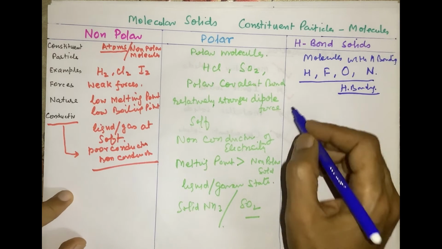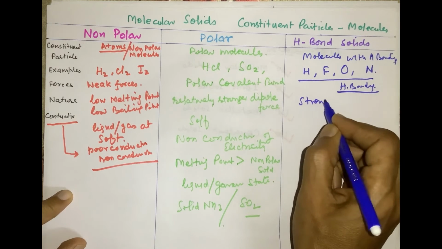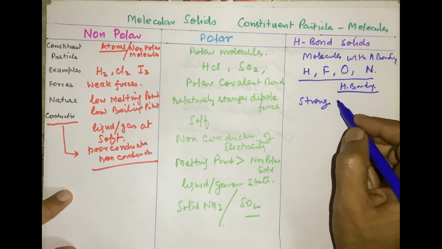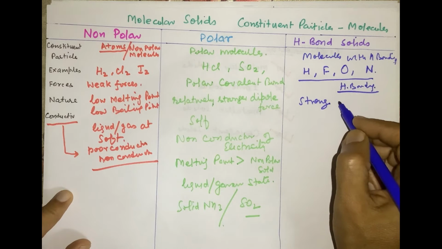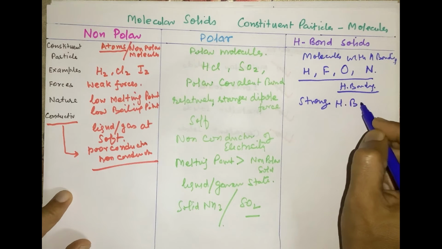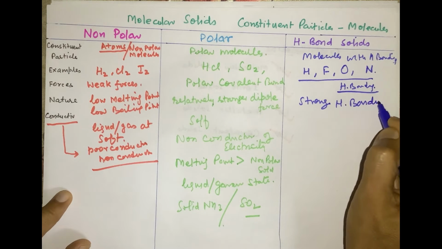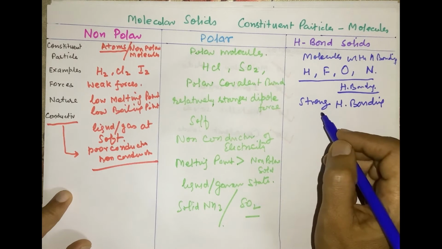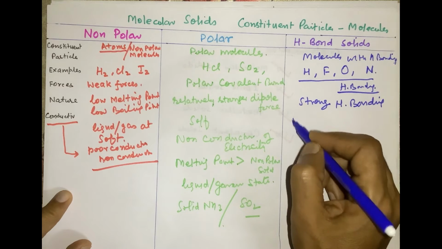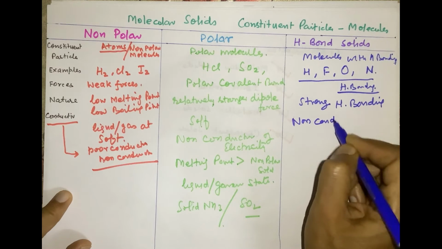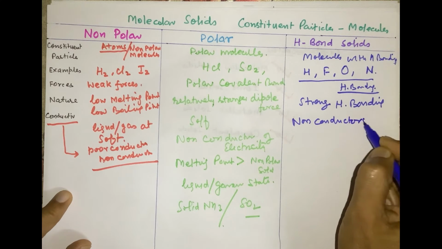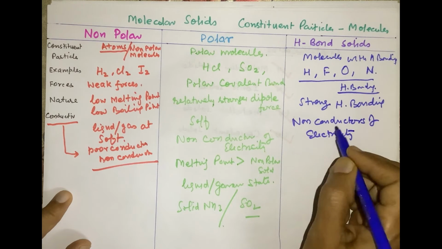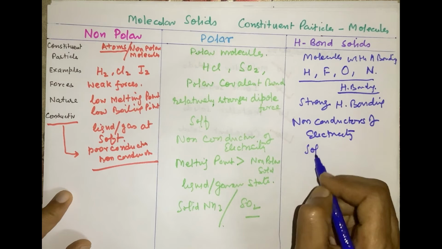And in this, the forces between the constituent particles are strong. They are held together by strong hydrogen bonding. So these are strong forces, and they are also non-conductors of electricity, and they are soft by nature.